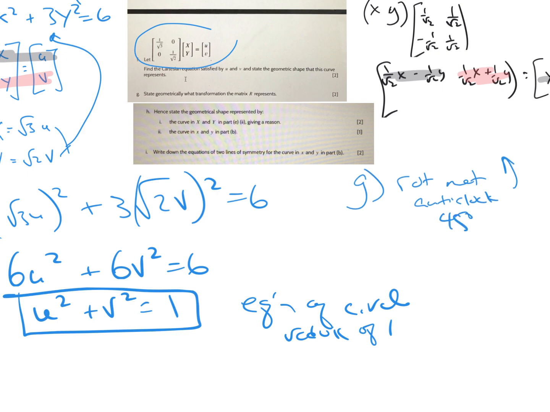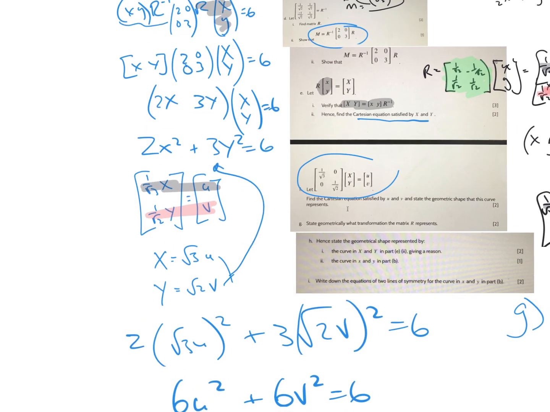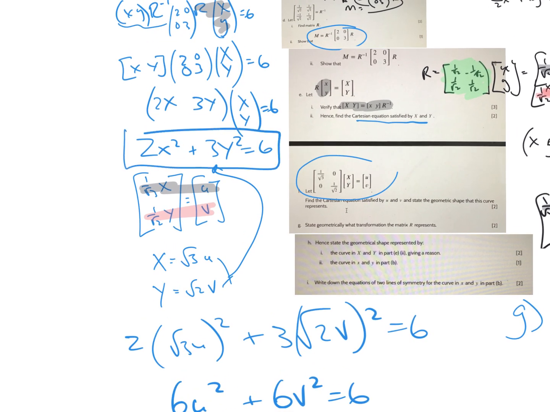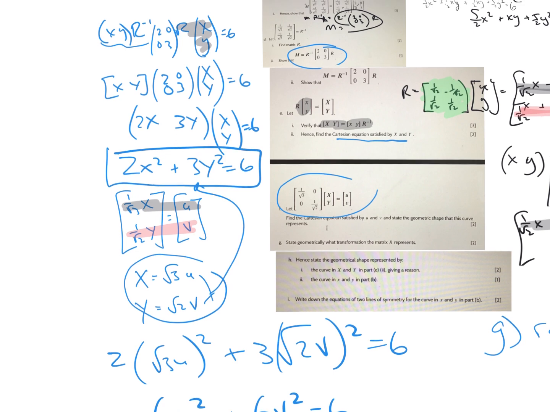Now, state the geometrical shape represented by the curve in big X, big Y, and give a reason. Well, here is the curve big X, big Y. And if I think about what's going on here, I have a circle of radius 1. If I think about this particular matrix here, this is a stretch along the x-axis by this much, and this is a stretch along the y-axis by this factor.